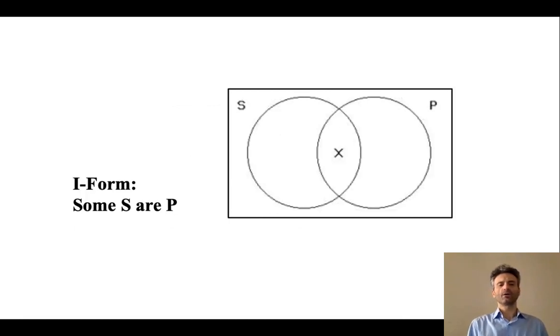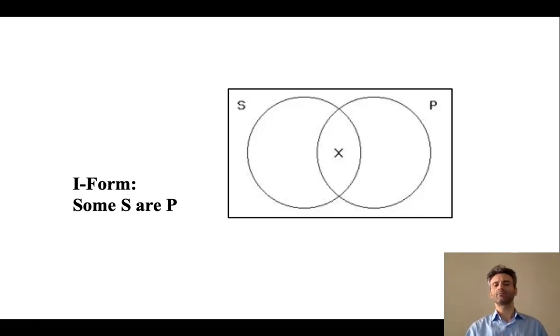The third form is the I form, which states that some blonde people are beautiful things. So not all. In order to say all, remember, we had to shade area 1. In order to say some, at least one, I use the X. Where do I place the X?